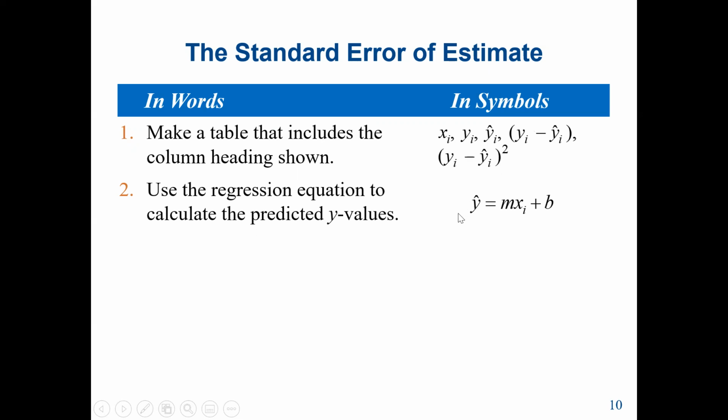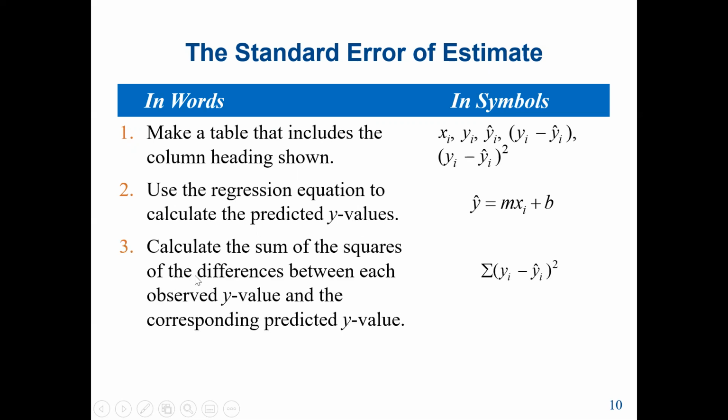To find the Y-hat, mX plus b, this is our regression equation. So we use the regression equation to calculate the predicted Y values. After that, we can calculate the sum of squares of the differences between each observed Y value and the corresponding predicted Y value.